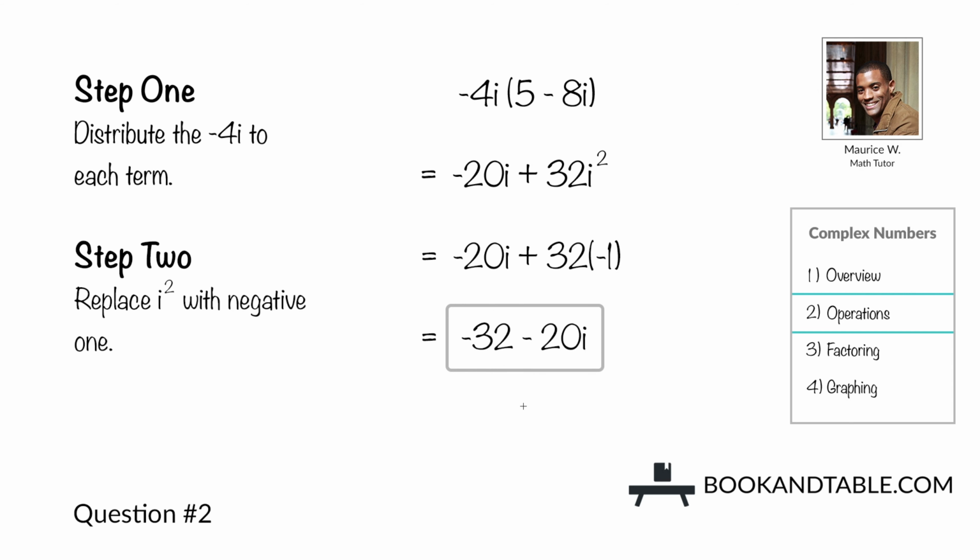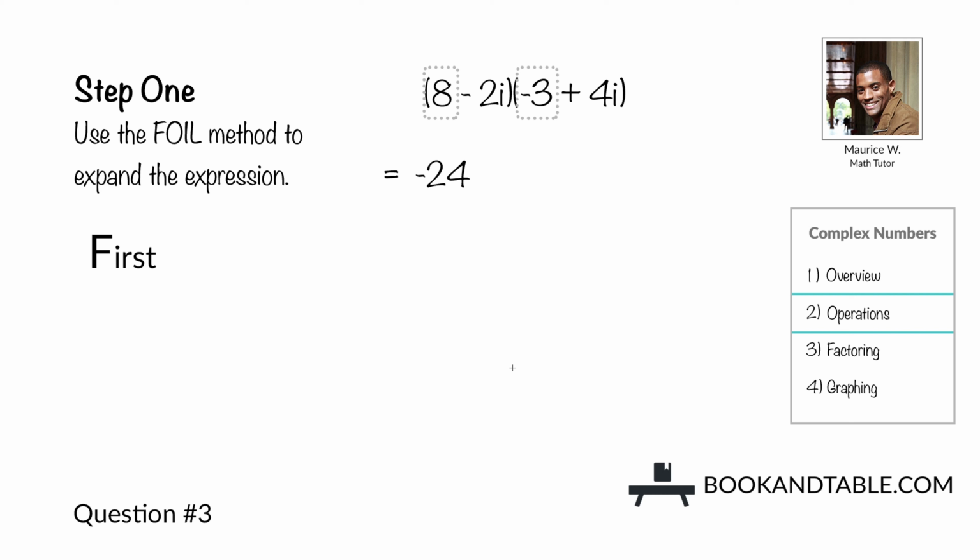Question number 3, you were asked to find the product of 8 minus 2i times negative 3 plus 4i. Since we're multiplying two binomials, we'll need to use the FOIL method to expand the expression. 8 times negative 3 is equal to negative 24. 8 times positive 4i is positive 32i.